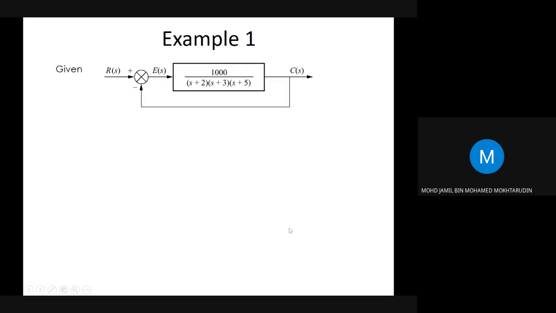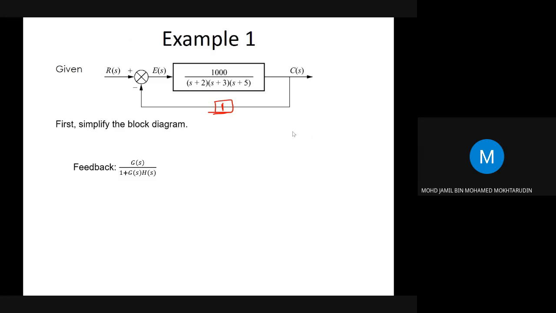So let's look at an example. Okay, so the example here gives you a block diagram, a forward transfer function, and a backward transfer function equal to 1. So here dia punya transfer function equals 1. Okay, so first you need to simplify the block diagram. So you use the feedback formula.